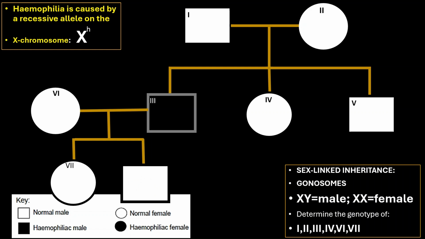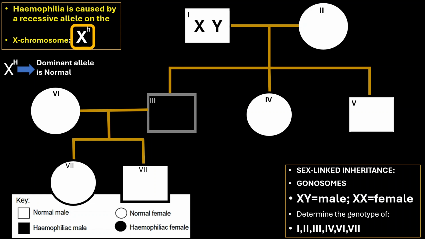Okay, what are you supposed to do? Determine the genotype of all of them. Have you seen it? Already we have been given one allele, the hemophilia allele, which is X recessive h. So we set the rules. Remember, the question said the small letter h is recessive, so that means the capital H is dominant.